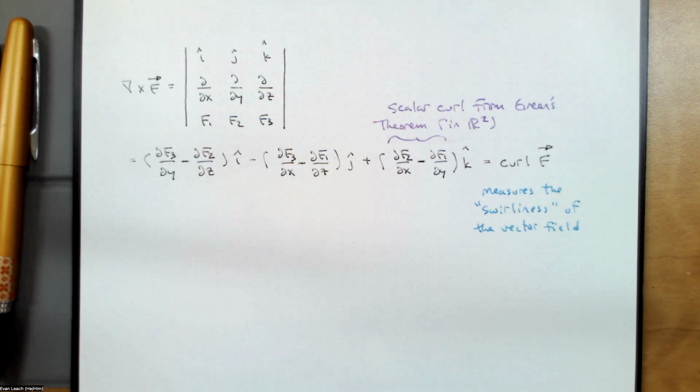Since we were back in R2, we didn't worry about the direction because everything normal to the curl was in the K direction.